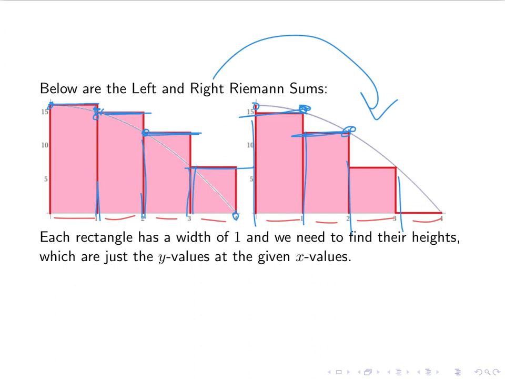So it's either the right endpoint or the left endpoint. From 2 to 3, the right endpoint is this guy. And then from 3 to 4, the right endpoint has a height of 0. So there's no actual rectangle there, because the height is the right endpoint, and that's at 0. Notice that for each of them, the width of the rectangle is the same, whether it's the left Riemann sum or the right Riemann sum. The width of each rectangle is 1.